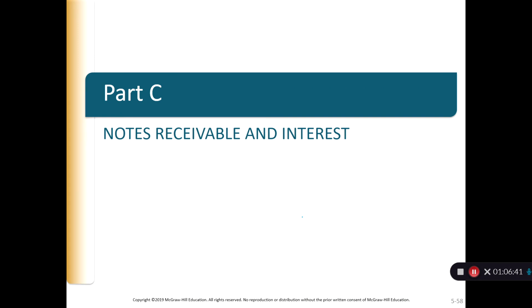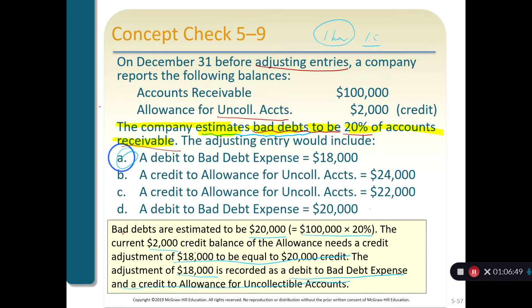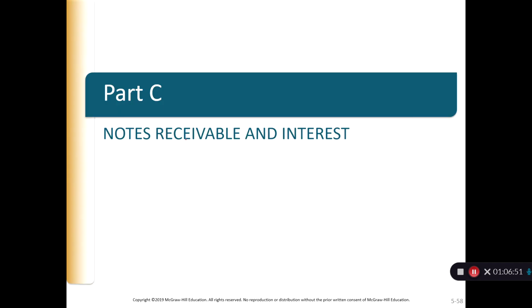Okay, so I want to stop right here, and I've covered everything I needed to cover in terms of accounts receivable. I just want to tell you that for accounts receivable bad debt, you need 3 steps. Step 1 is to record bad debt by debiting bad debt and crediting allowance.